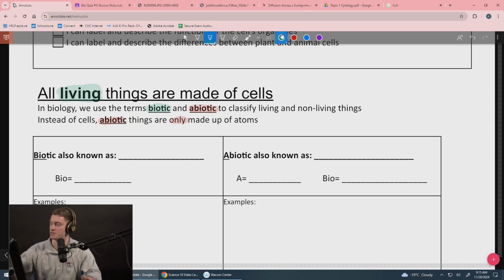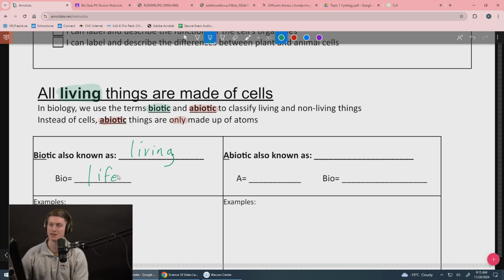Biotic is also known as living. We're going to write that here. And you're going to see this prefix bio quite a bit. I mean, we're in the biology unit. Bio means life. So if you go about science classes and you read words that have the bio prefix, like biochemistry, that's the chemistry of life.